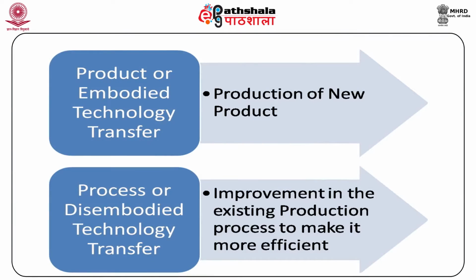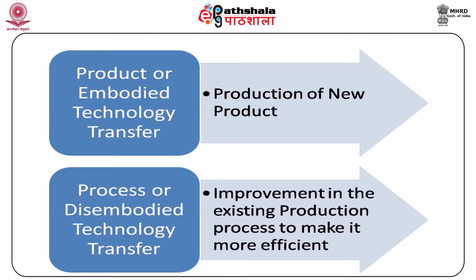Thus, in the year 1987, it was argued and explained that technology transfer can be of the following two types. Number one, product or embodied technology transfer that refers to production. Number two, process or disembodied technology transfer which refers to improvisation in production processes to maintain efficiency.